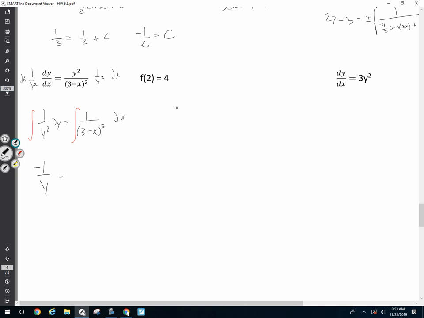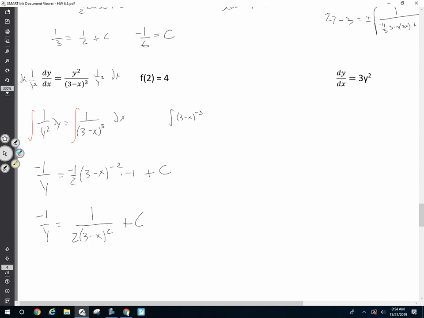We can talk about how we'd write this as (3 minus x) to the negative third. The antiderivative would be (3 minus x) to the negative second times negative 1/2. But then I also need a negative from the reciprocal of the coefficient of x, plus a c. So I get negative 1 over y equals positive 1 over 2 times (3 minus x) squared plus c.